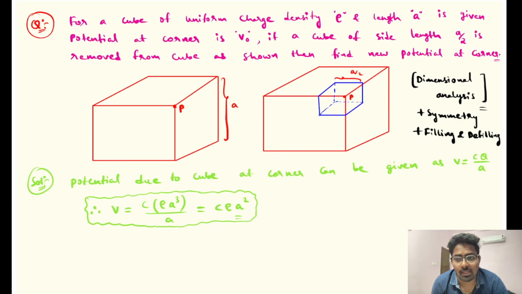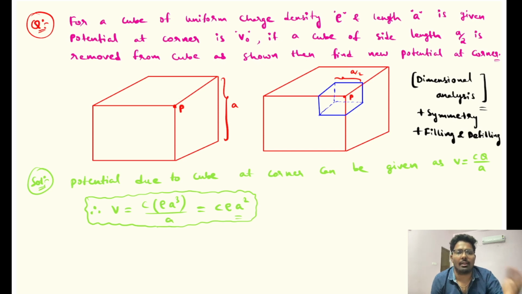When filling and defilling is required, as I said, from any known standard shape, if they're removing some known or symmetrical part, then we'll use the concept of superposition. We'll fill it and find the result due to the total figure, and then subtract the result due to whatever we have added, that means defill it.